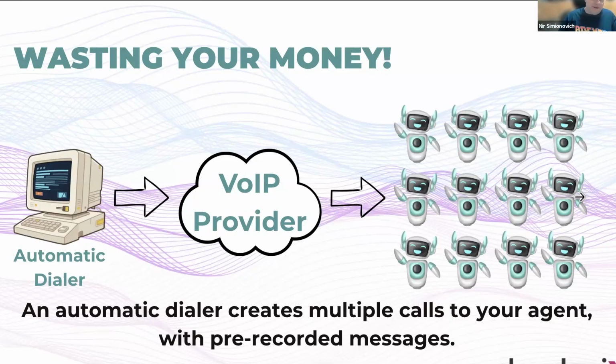And the automatic dialer at that point will just start playing back a stupid message, like a person trying to talk: yeah, no, I'm not sure, yeah, whatever, blah, blah, blah. And the agent, because it is designed to please, will just keep on talking for hours.